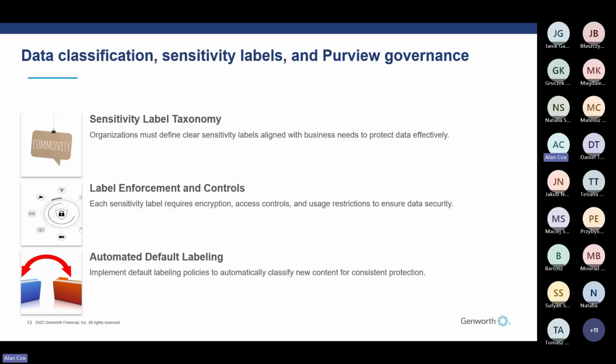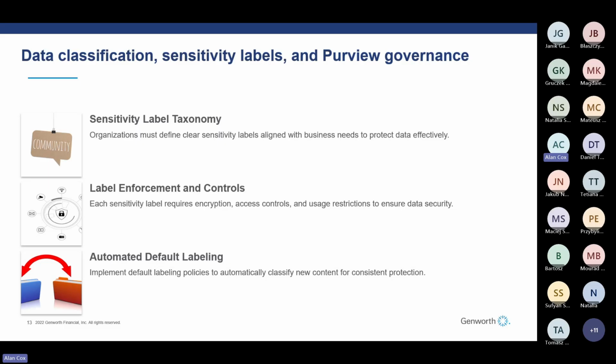Organizations must define clear sensitivity labels that are aligned to their business in order to protect data effectively. And this is where we're going to really get into, and we're going to see how this works in a moment. And then label enforcement. Each label requires either encryption or access controls, usage restrictions to ensure data security.